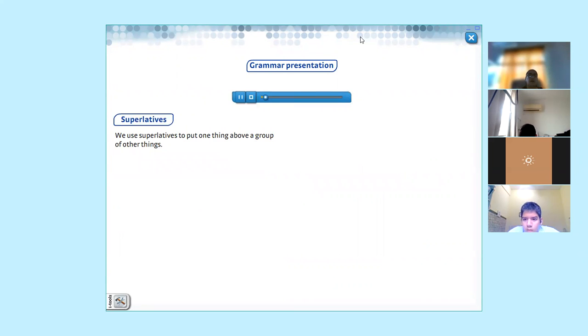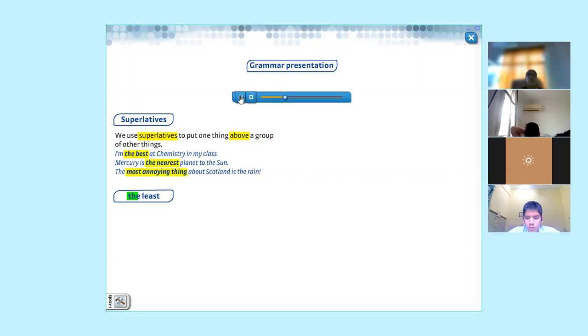We use superlatives to put one thing above a group of other things. I'm the best at chemistry in my class. Mercury is the nearest planet to the Sun. The most annoying thing about Scotland is the rain. The least.